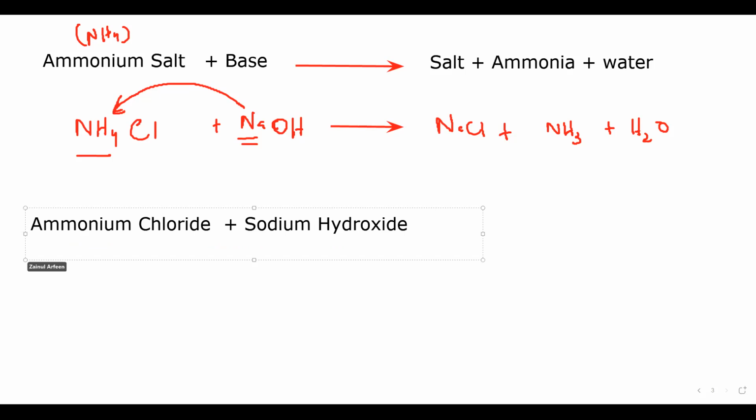Now what will be the product? How do we complete the product here? Sodium hydroxide is a base and this is an ammonium salt, ammonium chloride. An ammonium salt is basically a compound which has the ammonium ion. These are salts, and because of the ammonium ion we call them ammonium salts.